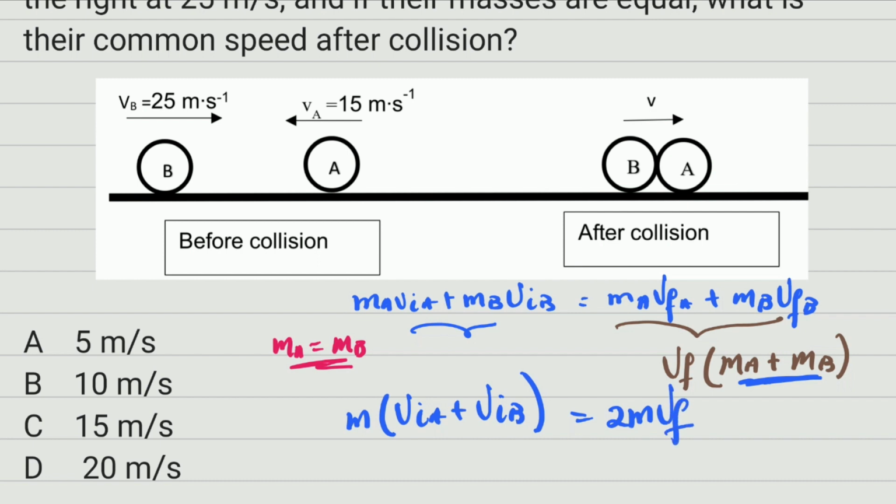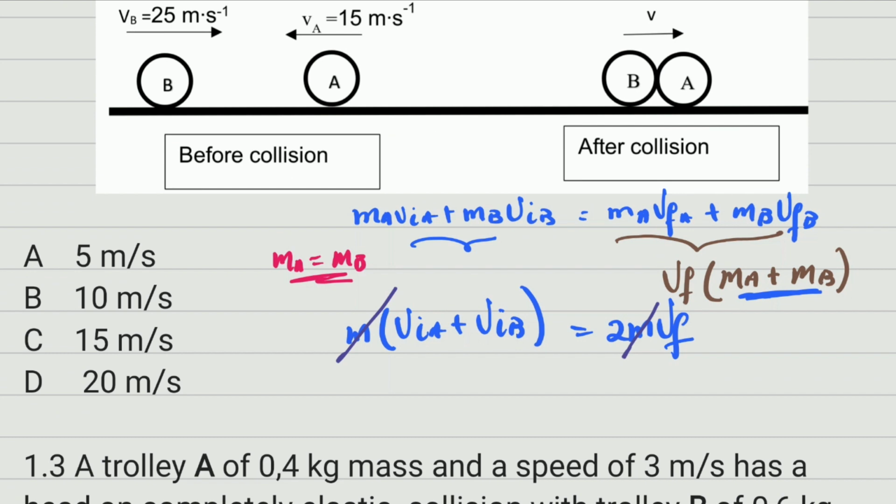And guys, here the masses simplify each other. These two masses simplify each other because they are the same. So what do we have here? We have that vf is equal to initial velocity A plus initial velocity B, divided by 2.